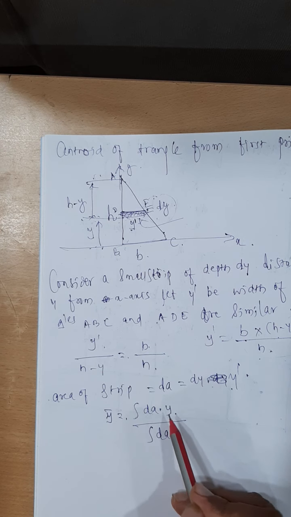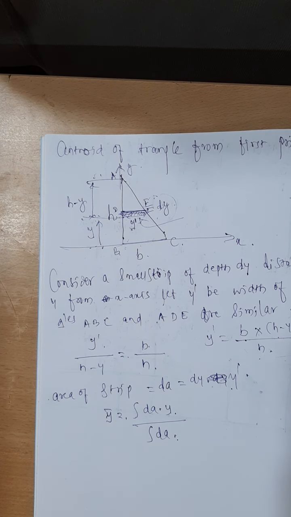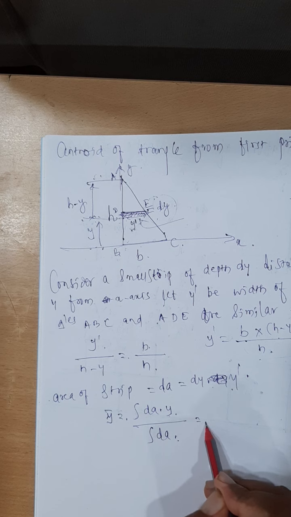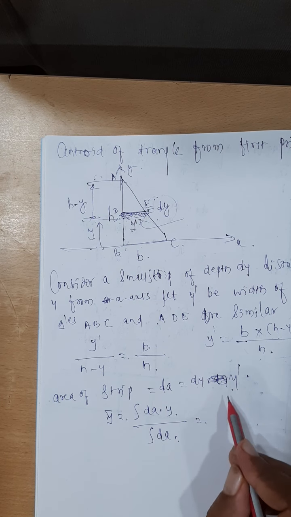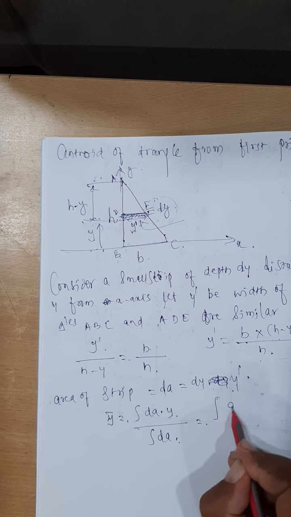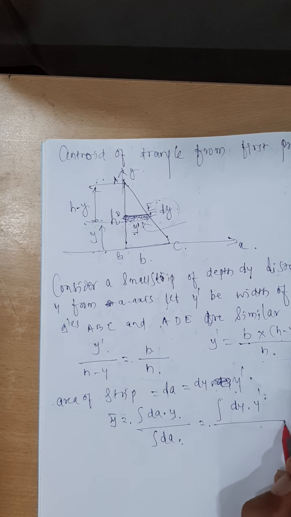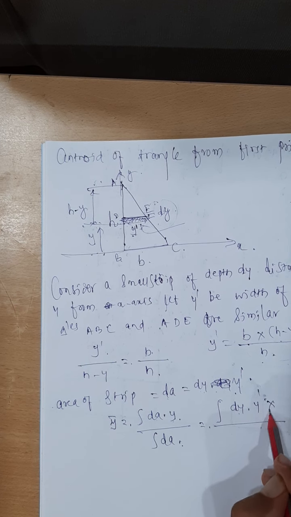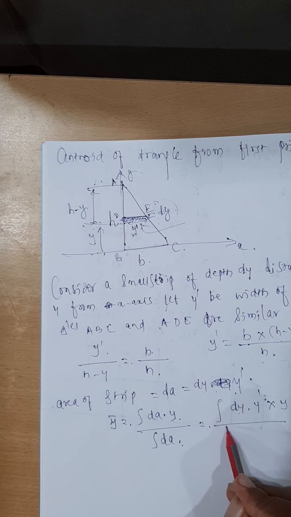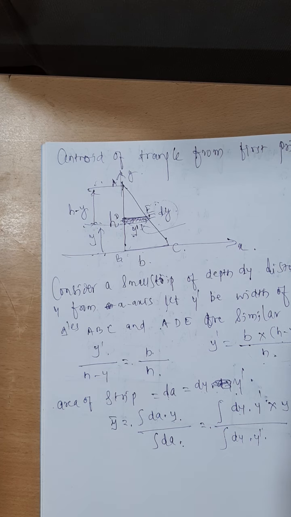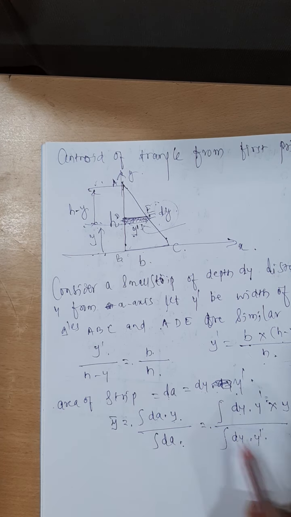Now substitute the value: dA is nothing but dy into y dash, so the integral of dy into y dash into y, divided by the integral of dy into y dash.